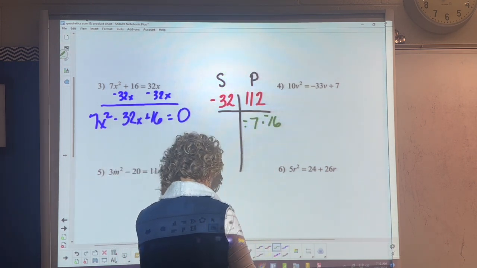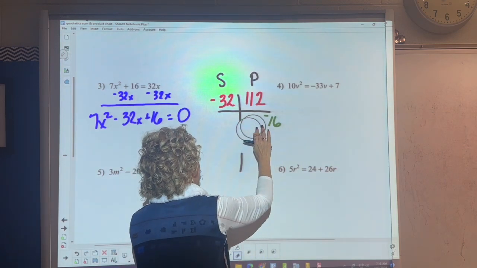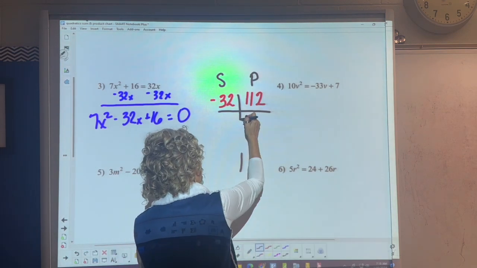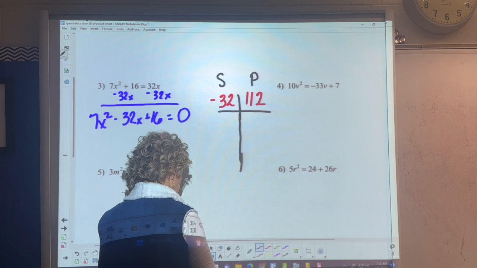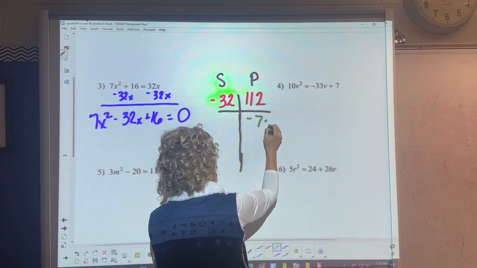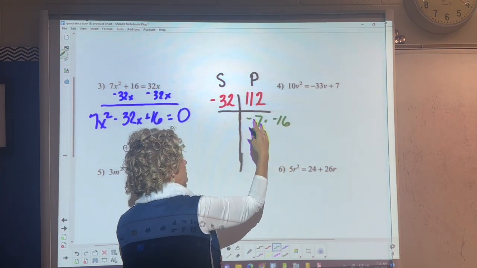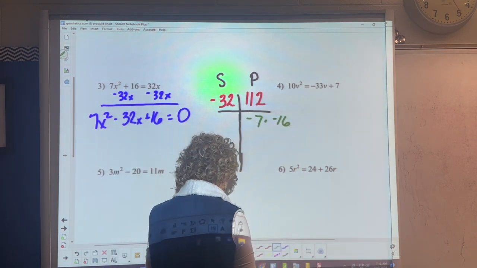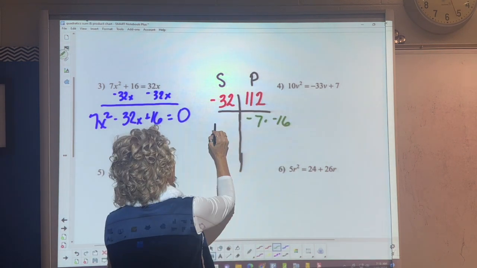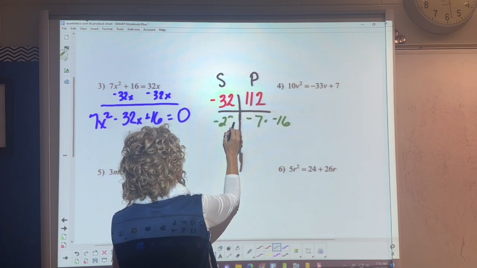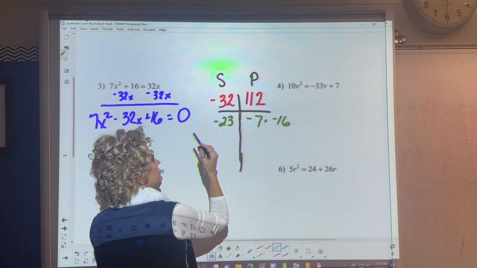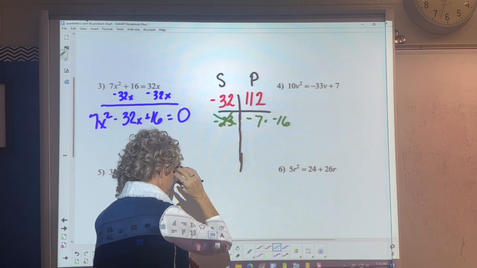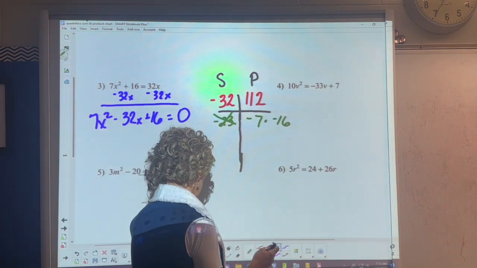Negative 7 times a negative 16, because I'm multiplying negative times a negative, is a positive. So that's 112. A negative 7 plus a negative 16 is a negative 23, and that's not what I want. I need 32. So I've got to continue.